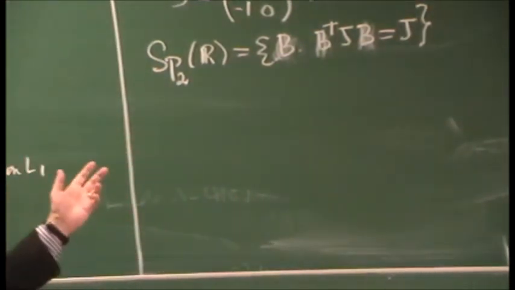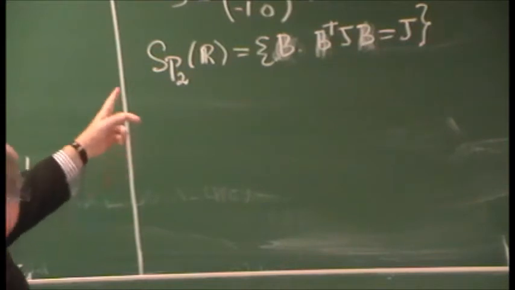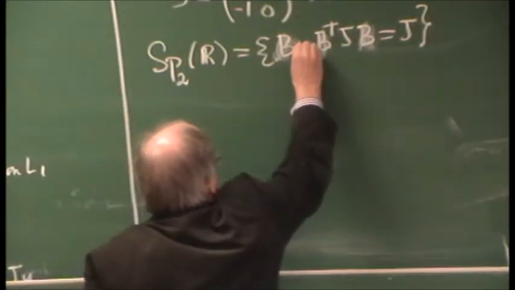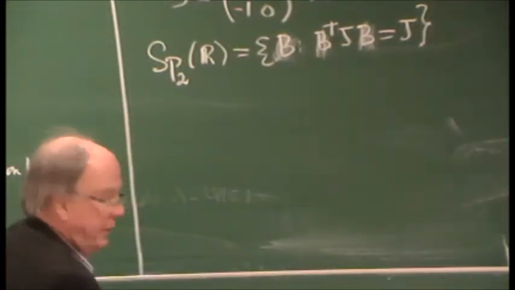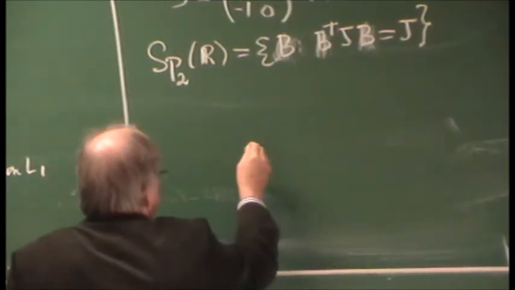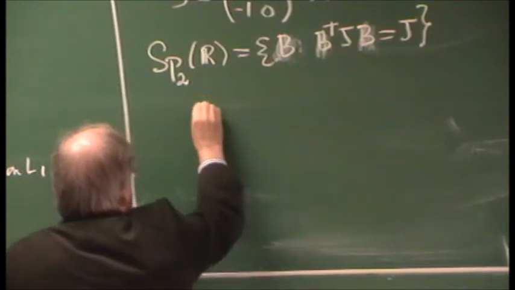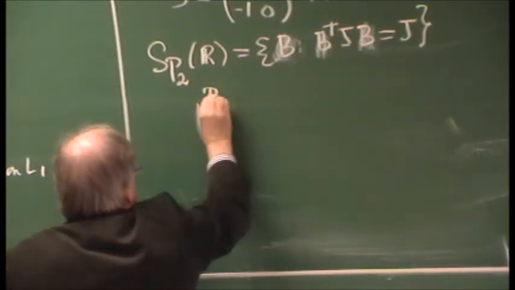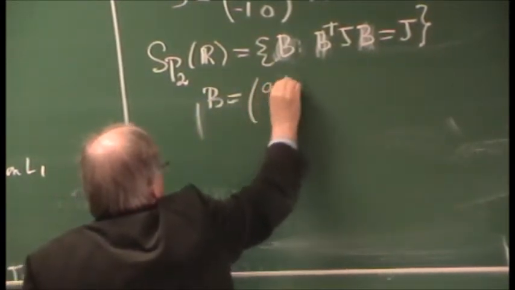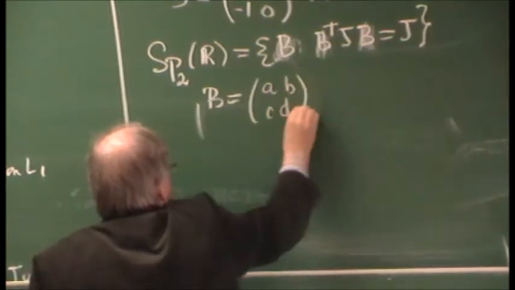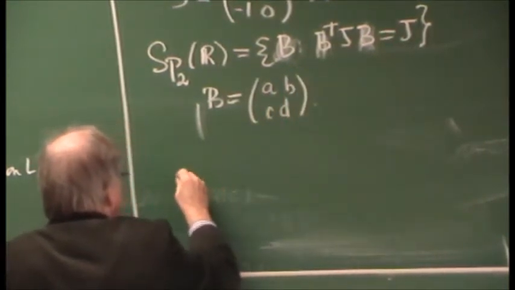Okay, so these are 2x2 matrices. I didn't say it explicitly, but it's obvious because I have this 2J here. So let's have some fun computing what's going on here. So let's see here. B, let's say B is A, B, C, D. This is a little bit nonlinear, but here it's not so bad.